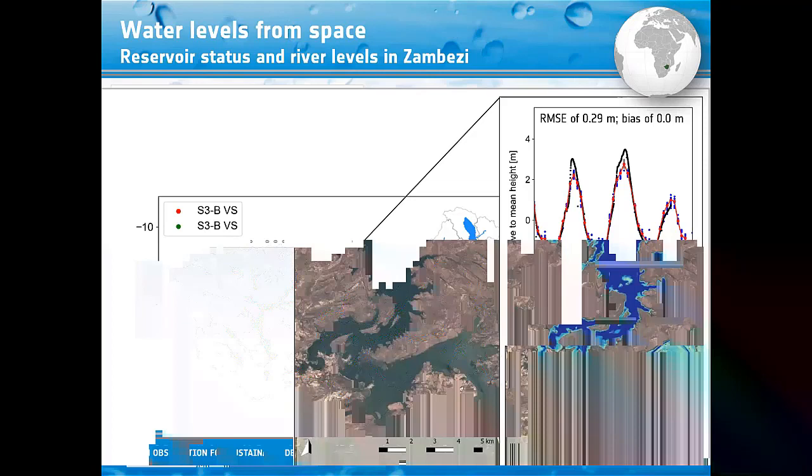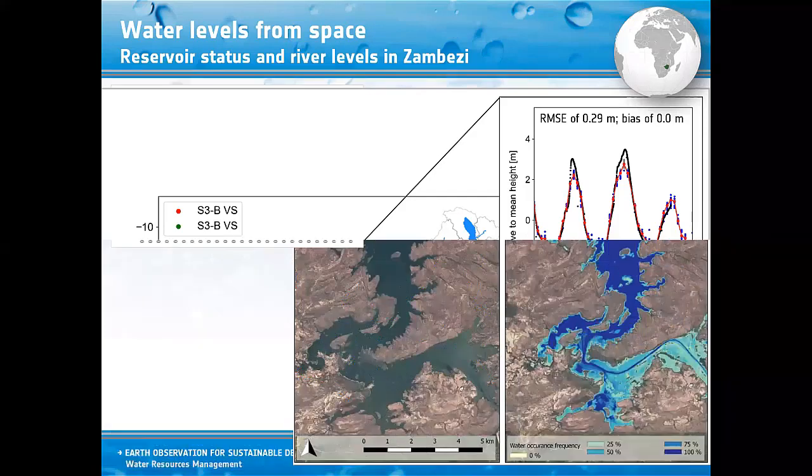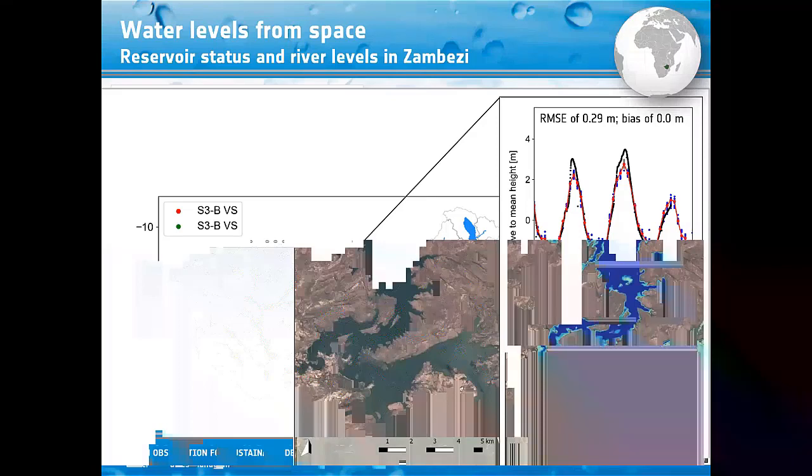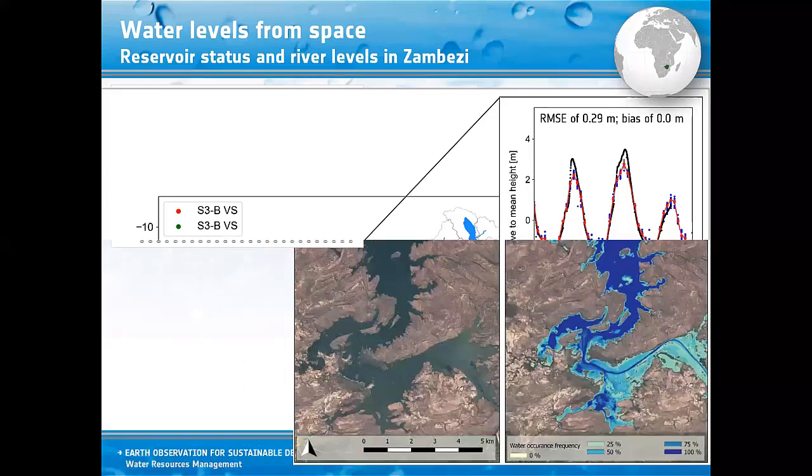Also, the accuracy of measurements is expected to become better with the new missions. And you can see in the figure on your right the comparison of water level as observed by the Sentinel-3 mission and compared to in situ water level observations at the river gauging stations in Zambia, which are showing quite high accuracy and a high level of agreement.